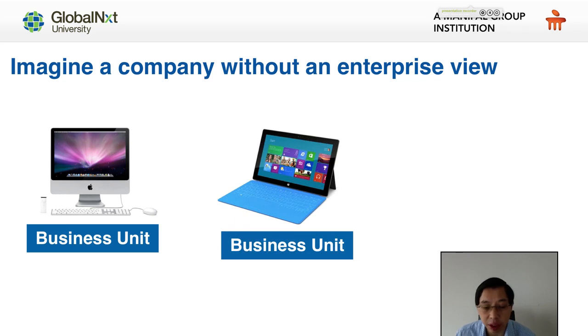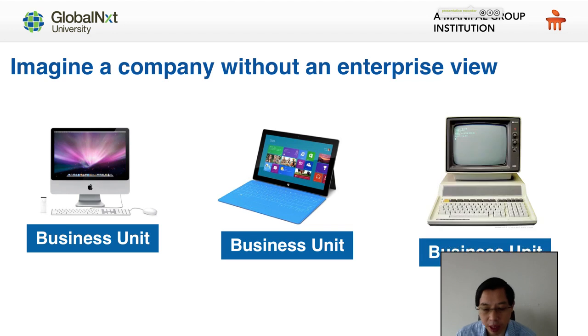Let's also imagine another business unit within the same enterprise, and they also purchase an email system. And then there's another business unit that doesn't know too much about IT. They really make the wrong decision. They purchase something very old, and they have their own email application.